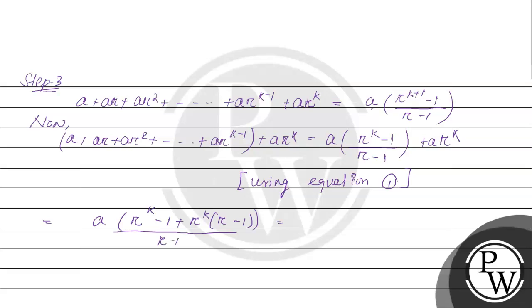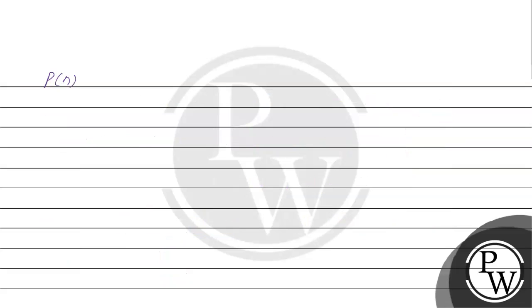So that is equal to a multiplied with r to the power k minus 1 plus r to the power k plus 1 minus r to the power k divided by r minus 1. So that is equal to a multiplied with r to the power k plus 1 minus 1 divided by r minus 1.